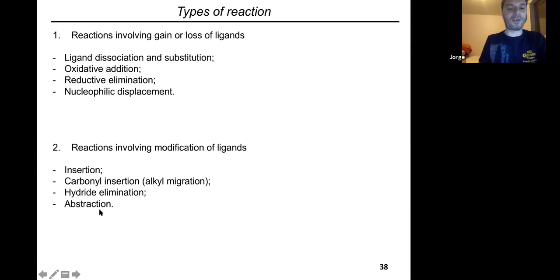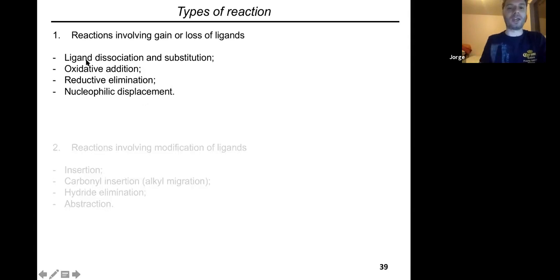And fourth, abstraction. Okay, so focus for today is the first one. So let's move on and discuss each of the different kinds of reactions involving gain or loss of ligands.